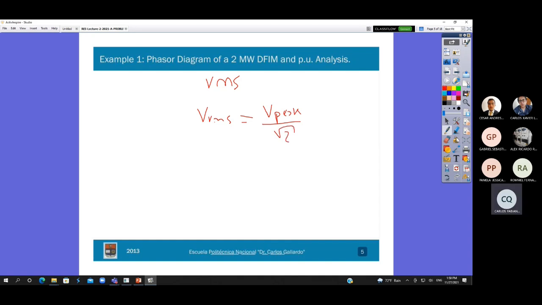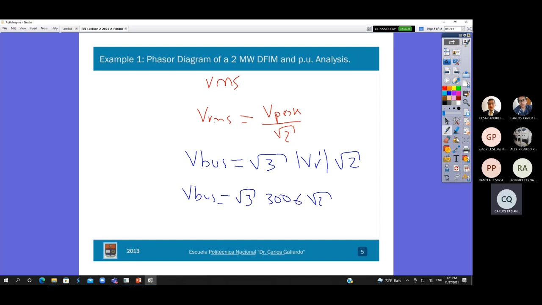Therefore, if I want to compute the bus voltage, it is equal to the square root of 3 times the rotor voltage times the square root of 2. The rotor voltage is 300.6, times the square root of 2, and this is equal to 736 volts.